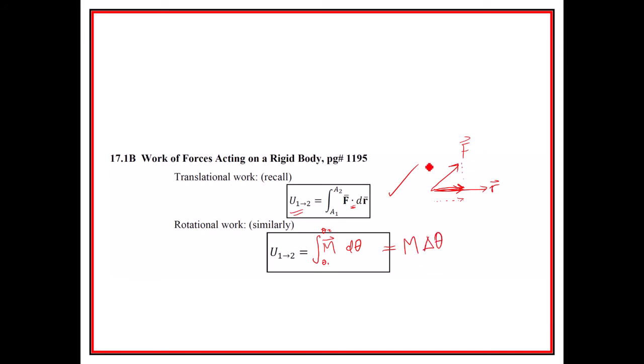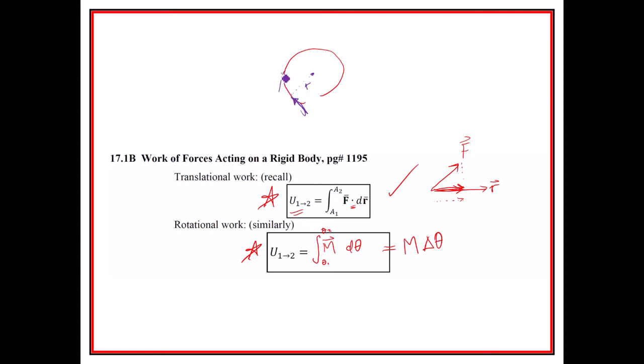And you want to think about the relationship between these two. We could take a circle. Let's say that we are moving in a circular pattern, and we'll change colors. There's a force that's being applied at the edge, tangent, and we have a distance r to the center.